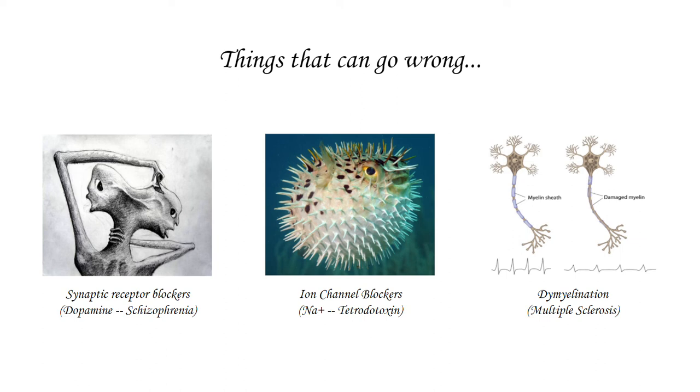But then there's also much more extreme things like neurotoxin. For instance, that's the picture there in the middle of the pufferfish. That's the poisonous sushi thing that is one of the more deadly poisons. Basically what it does is it blocks those channels that are responsible for balancing sodium and potassium, sodium in particular for this one.